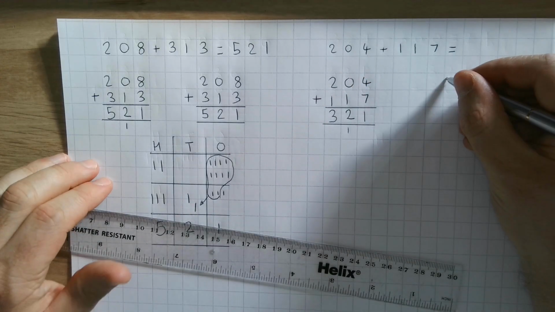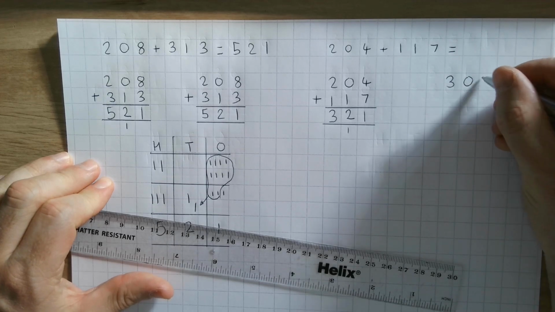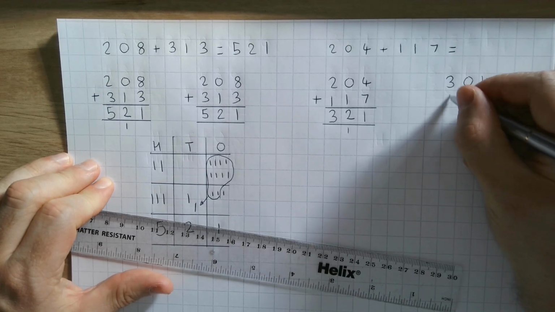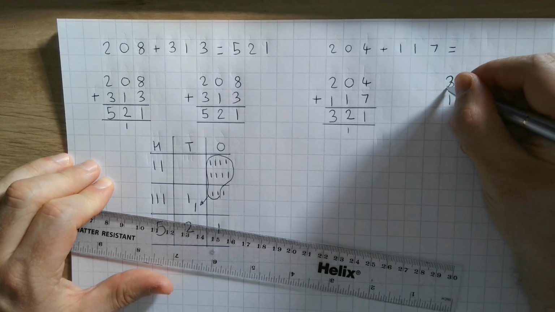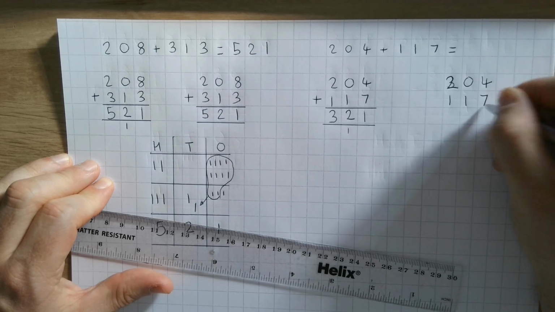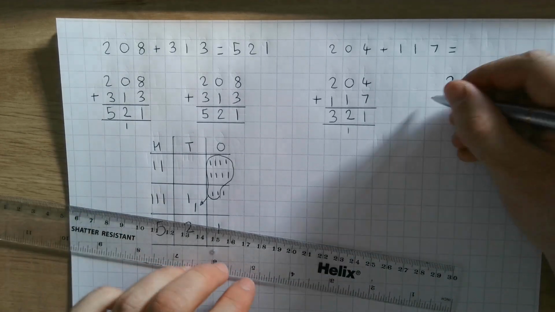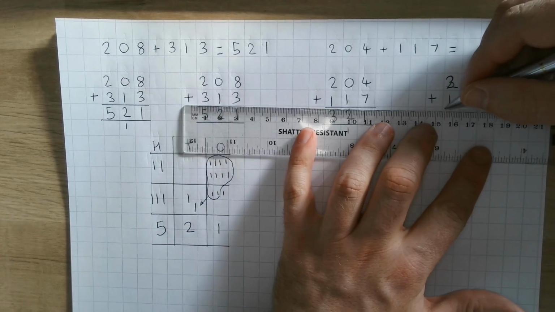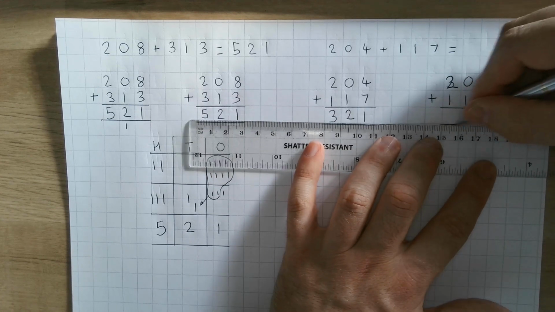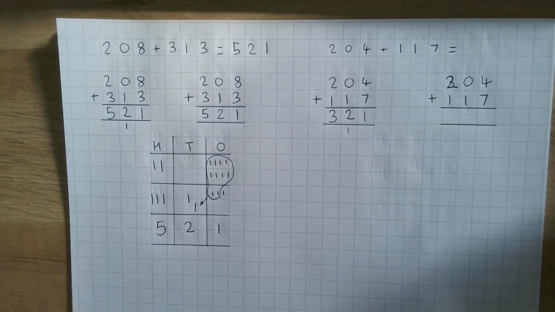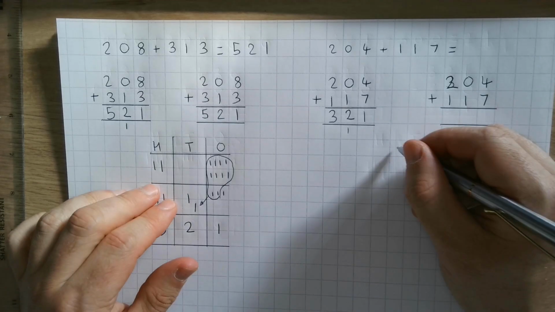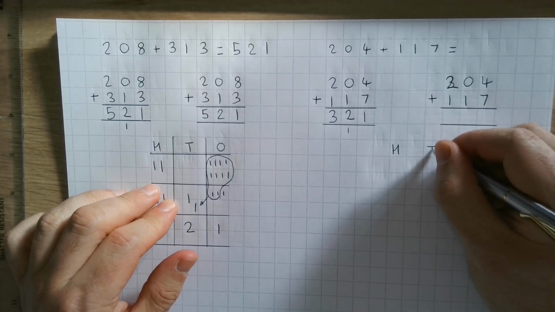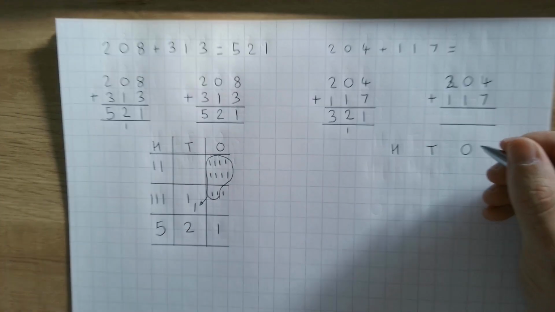Again, some children might need to draw this on a place value grid. So what I do is my hundreds, my tens and my ones.